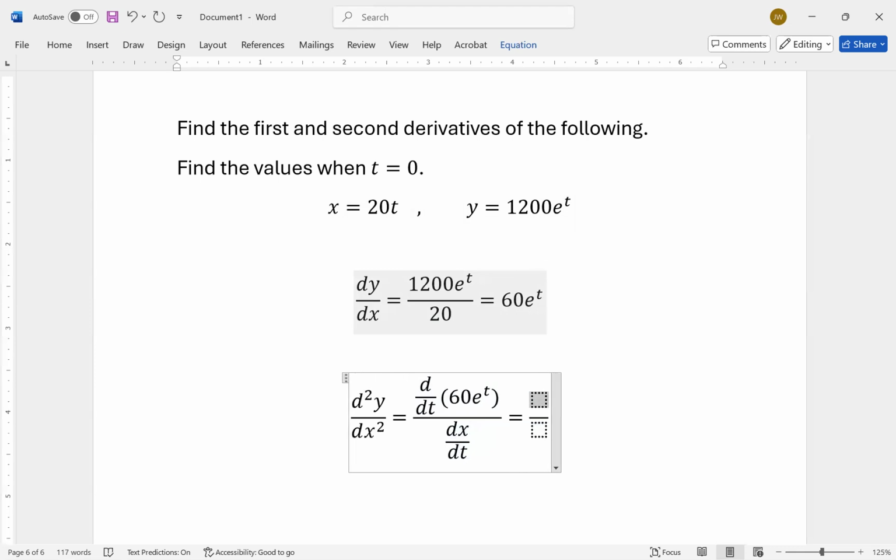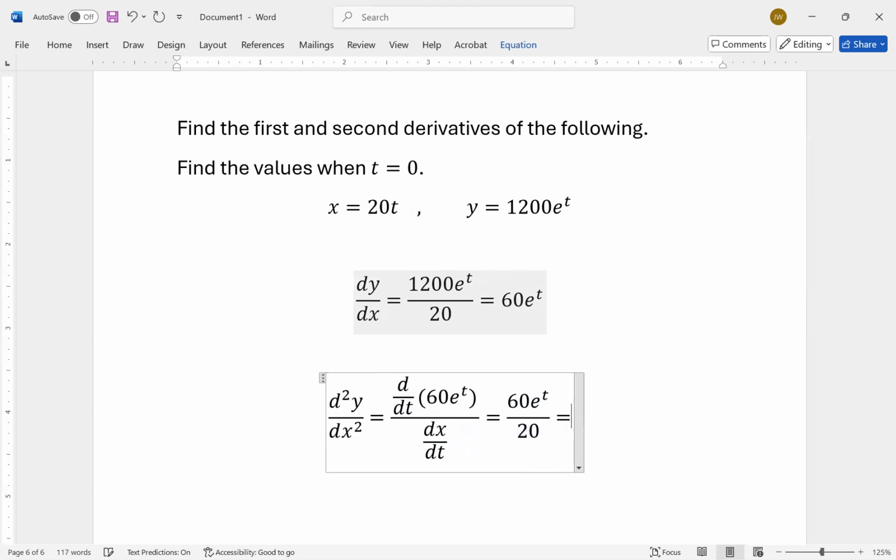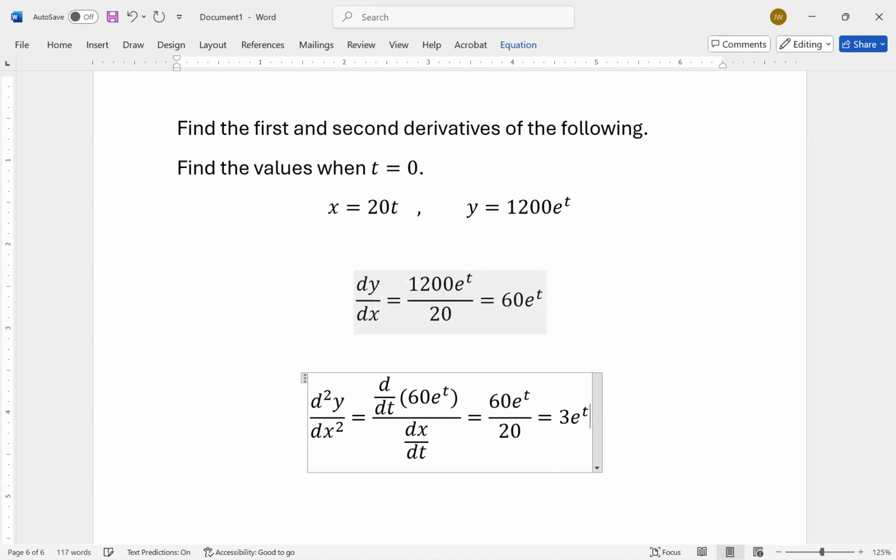In the numerator, we would get 60 times e to the t power. In the denominator, I would once again get 20. I'm going to simplify that to 3 times e to the t power.